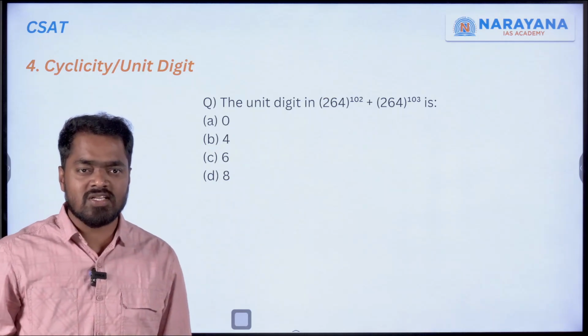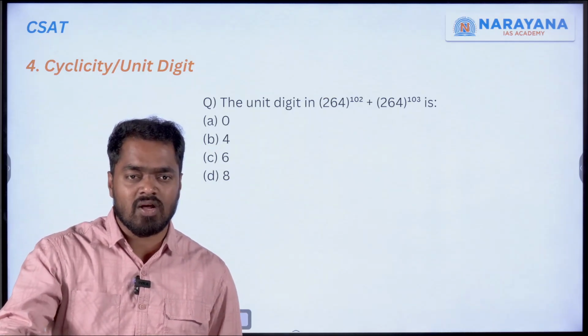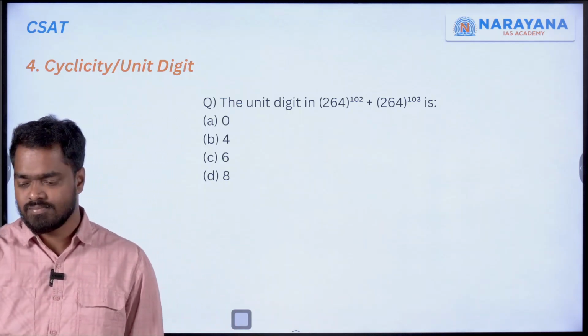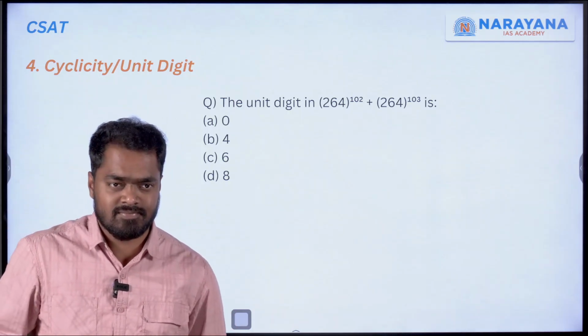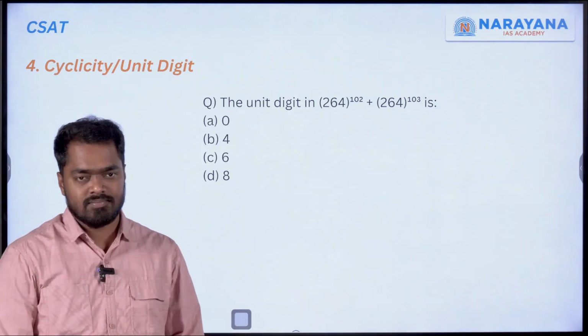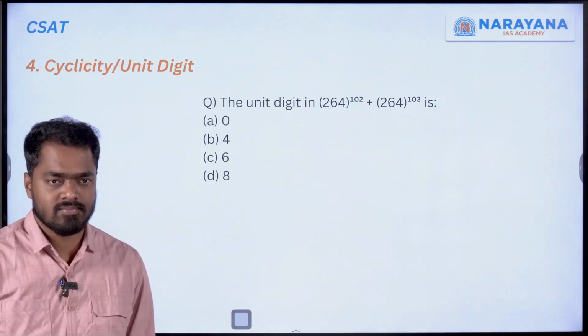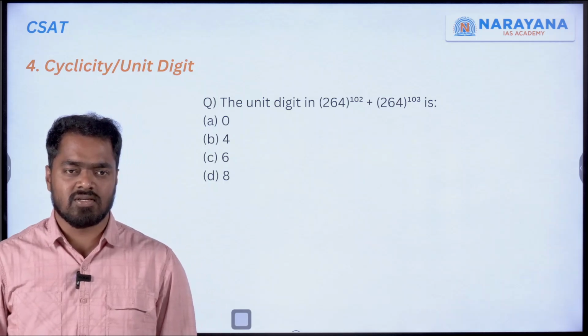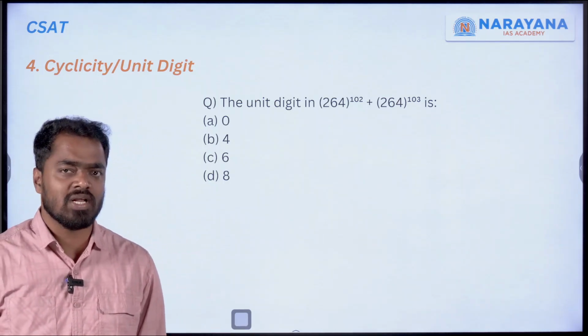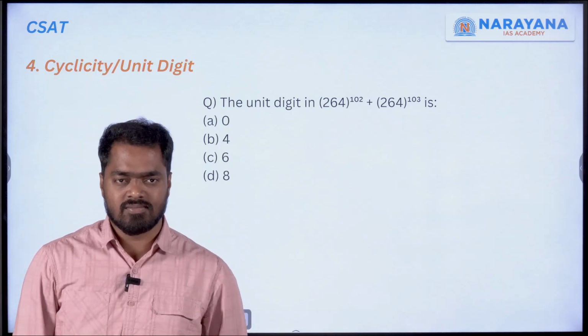So what is the unit digit in 264 to the power 102 plus 264 to the power 103? Very simple question. Just figure out which rule to apply. Apply the rule. You will get the answer.